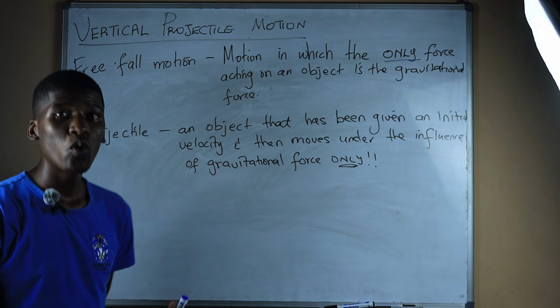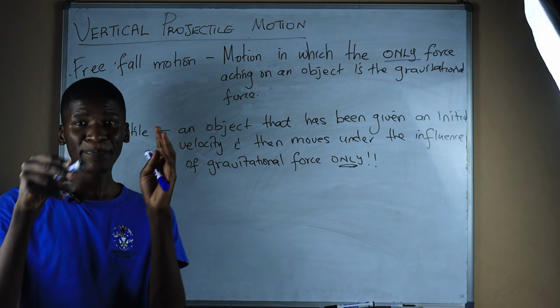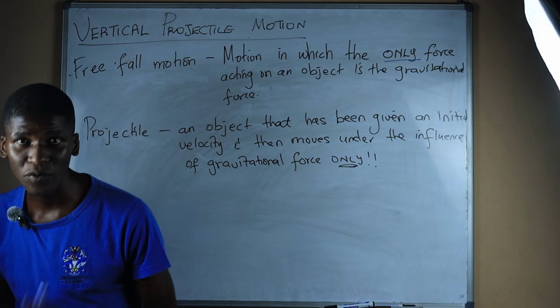Okay, so now this object that is in free fall motion, it has been given an initial velocity.